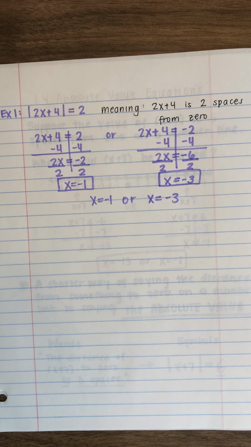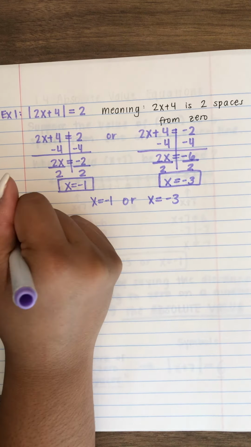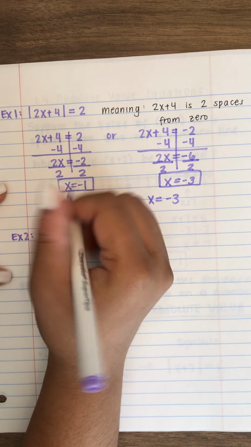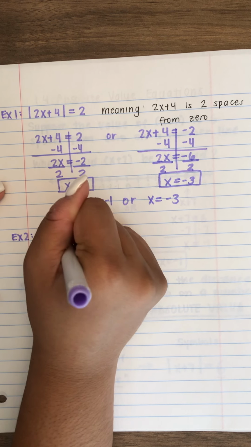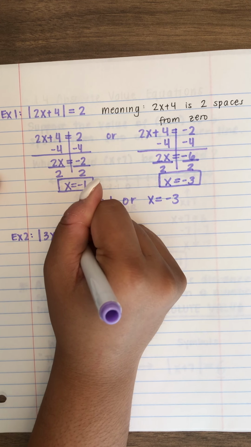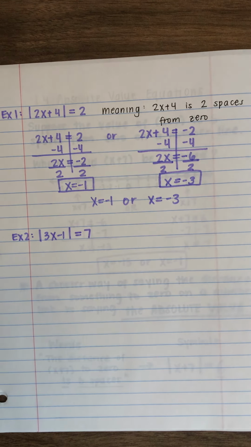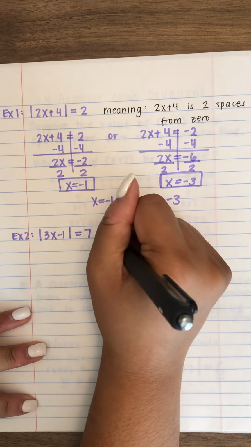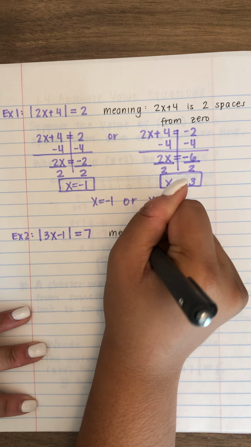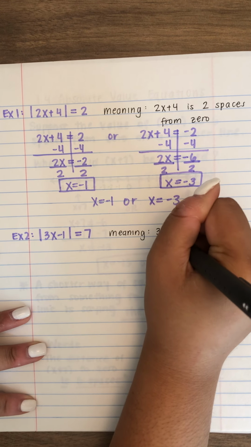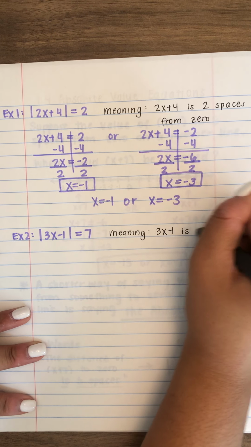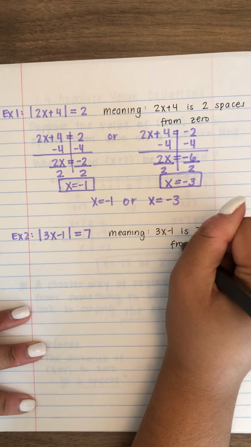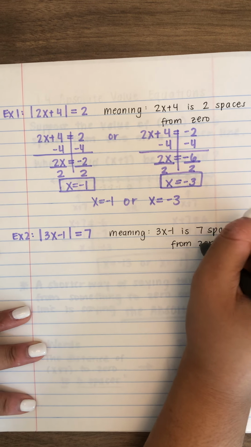All right, let's go ahead and look at our second example. So we have the absolute value of 3x minus 1 equals 7. Again, our meaning of this is 3x minus 1 is 7 spaces from 0.